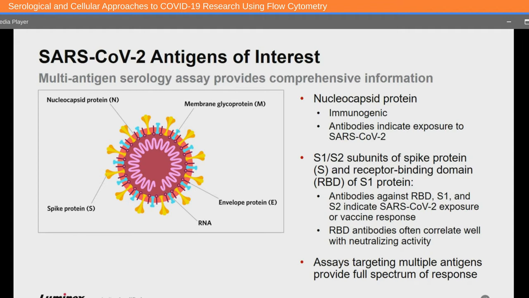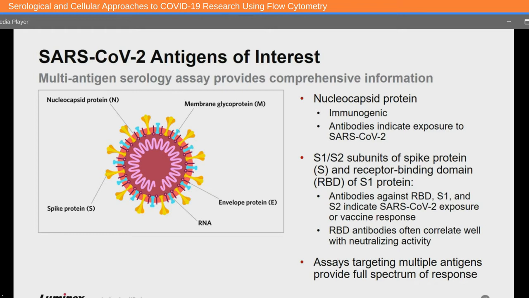The S protein contains two subunits, the S1 and the S2 subunit. The S1 subunit contains the receptor binding domain that mediates the binding of the virus to the ACE2 receptor. People have used multiple forms of the S protein, the RBD domain, the full-length S1 plus S2, or partial S1 domain for different serological tests.